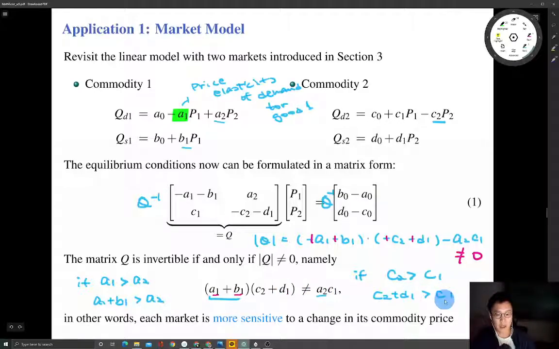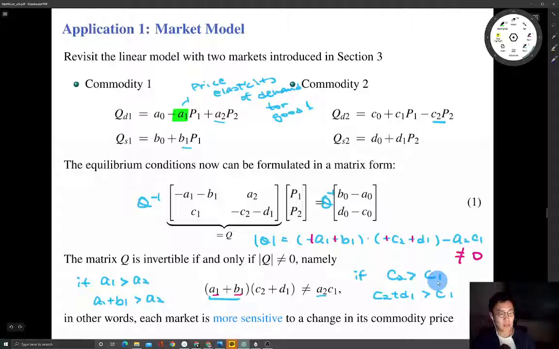Once again, the interpretation of this inequality: if in market 2 the demand is more sensitive to changing the price of its own commodity, so demand for good 2 is more sensitive to change in P2 rather than change in P1, then C2 is larger than C1.